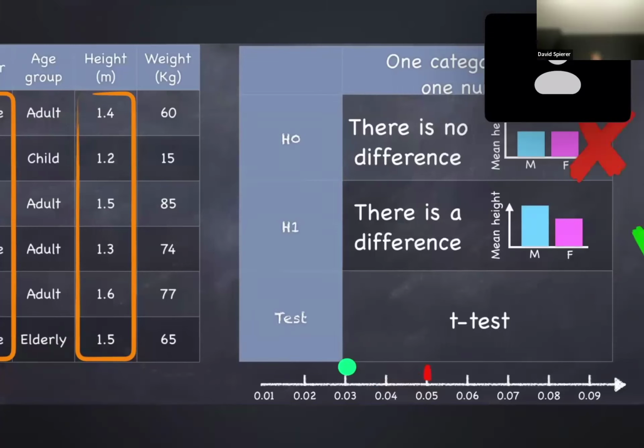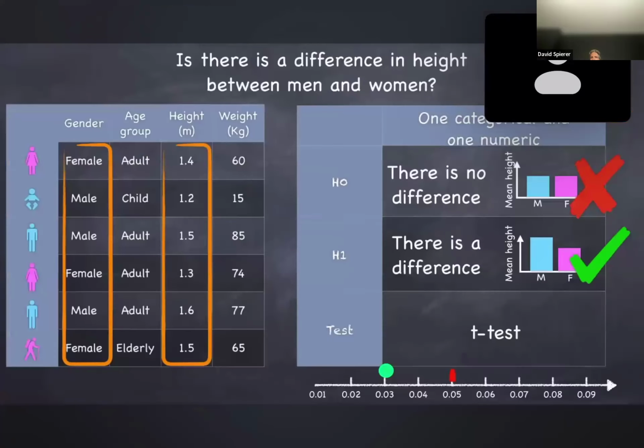Now let's look at the last combination of variable types in this data set, 2 numeric variables. Here we do a correlation test. The test is going to give us 2 things.